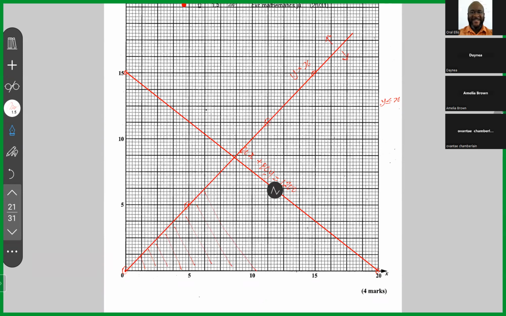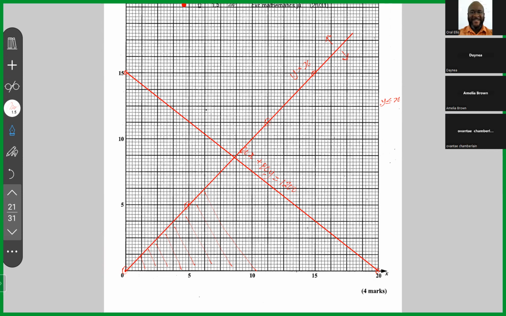Now, the other line is the line 30x plus 80y is equal to 1,200. The inequality is 30x plus 80y is less than or equal to 1,200.